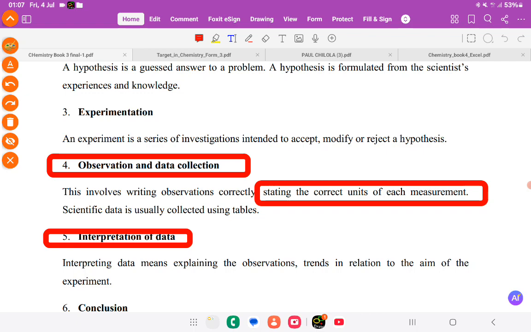All right, so the data, you look at the patterns, the trends in your data, and then you explain those trends. Okay, all right, so interpreting data means explaining the observations, giving meaning to the observations. And then you look for trends in relation to the aim of the experiment.